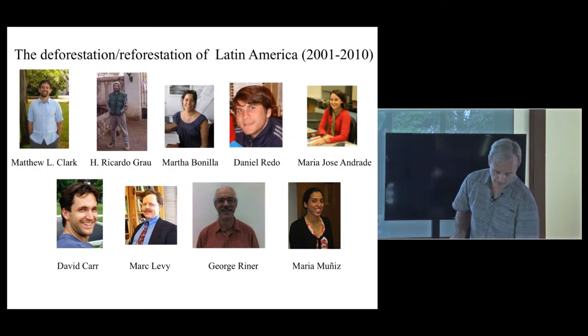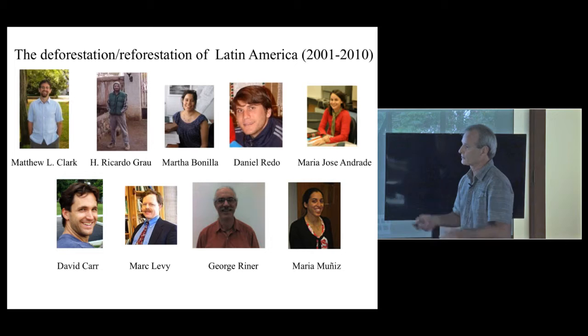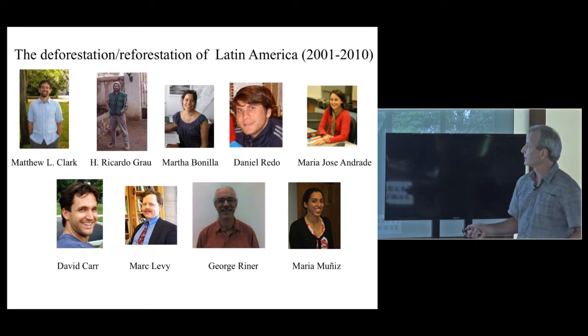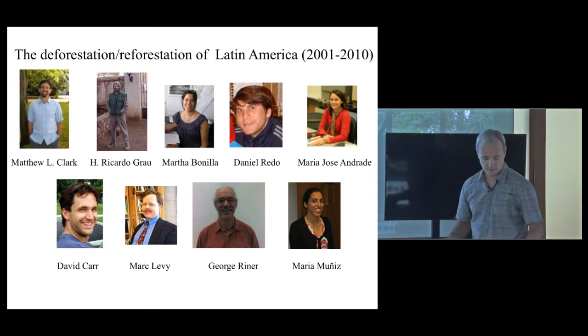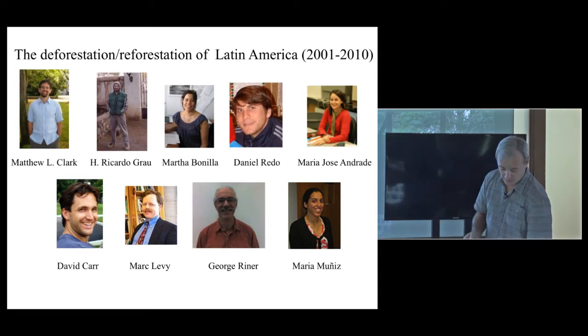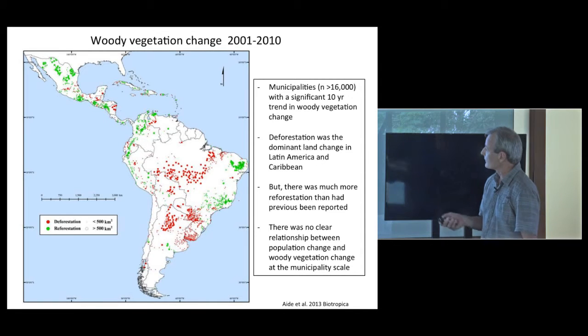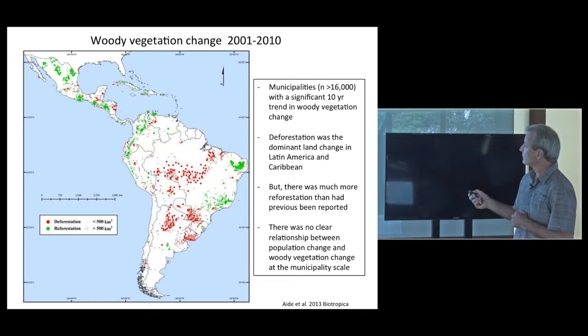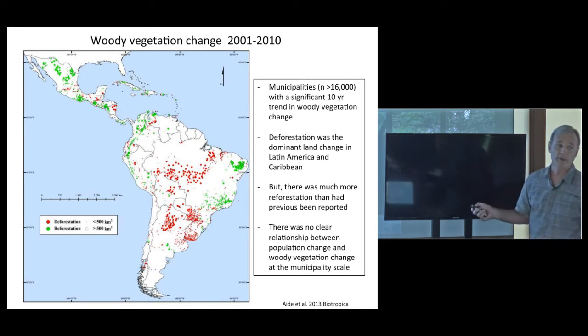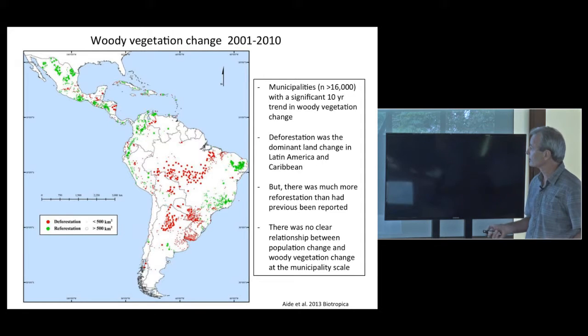So the original work that we did was with this group of people. David Carr is not here right now, but is here for the meeting starting tomorrow. And these are the results. For 2001 to 2010, we looked at more than 16,000 municipalities in all of Latin America.